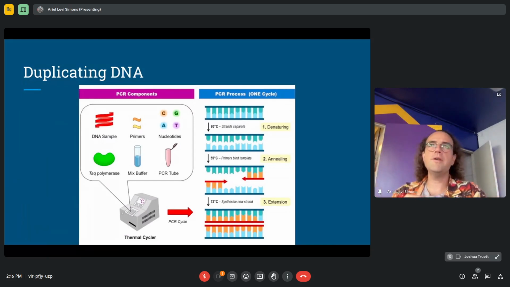Then when you fill it up with the rest of those nucleotides, A, T, C, and G, they do their complementary binding. So now your single strands become double strands again. Now you have 2 of them, you cool it down, then you heat it back up, and you keep repeating the cycle, and you have exponential growth. Typically, you do this 30 or 40 times. So imagine 2 to the 40. Anyway, it's a lot of times you multiply it, so you have large amounts of DNA to sequence.